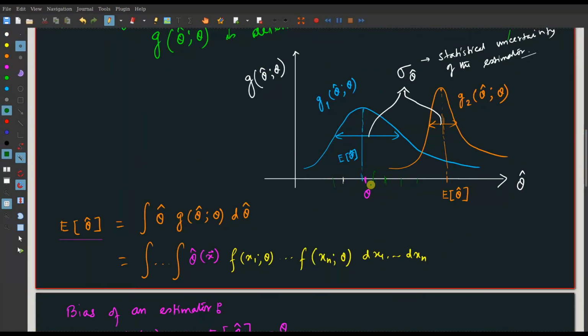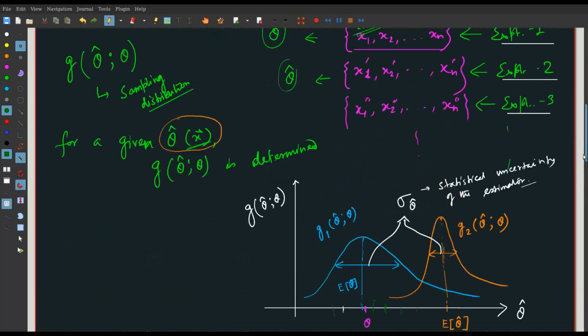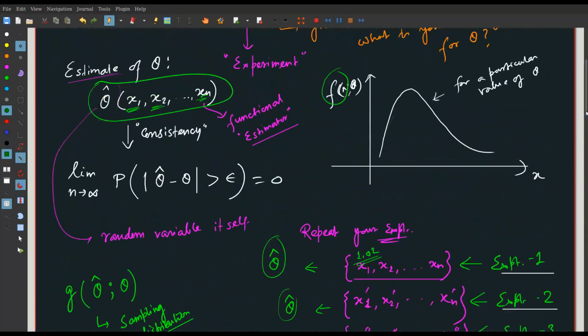If you repeat the experiment, and your theta hat obeys this blue sampling distribution, then your experimental results, at the end you will be quoting a value, an estimate of theta, right? Now, as I told you, this estimate is going to fluctuate.